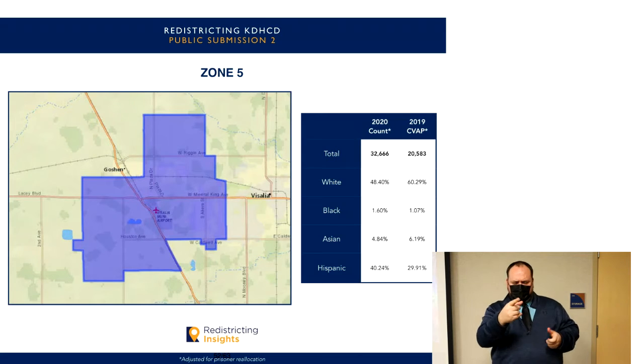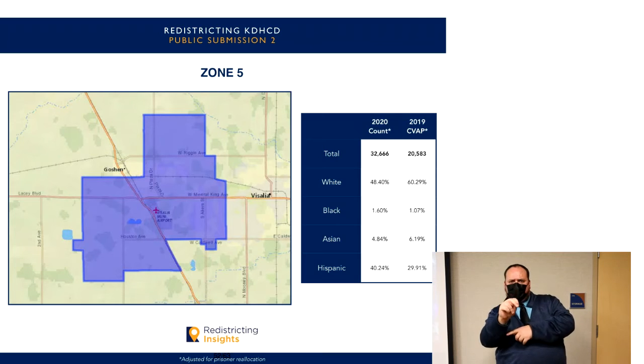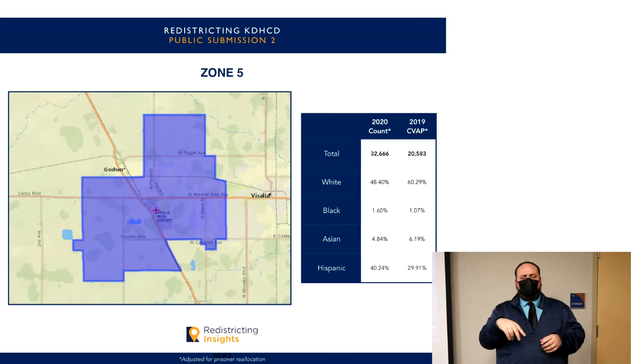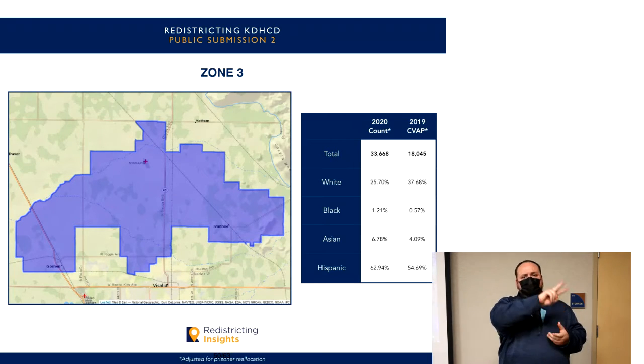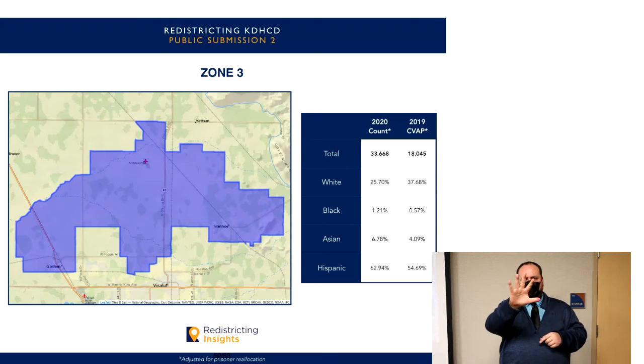We have here this one labeled District 5, so it takes in just under Goshen, and then the western part of Visalia, negative 1.36 population deviation, 29.91 Hispanic CVAP. And then we have, similar to the other draft, this outside-of-Visalia district that takes in Goshen and Ivanhoe and just this northern part of Visalia right here, 1.66% deviation, 54.69% Hispanic CVAP.